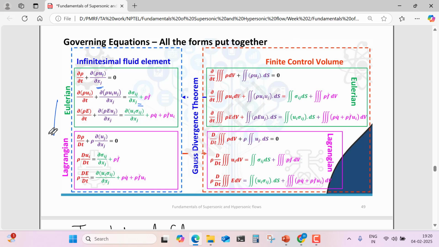From Eulerian to Lagrangian form, we can go using the substantial derivative.